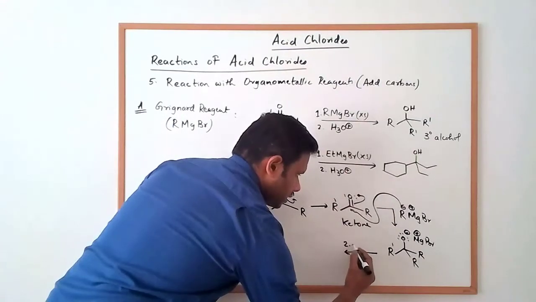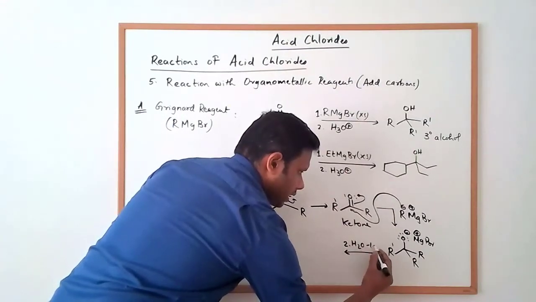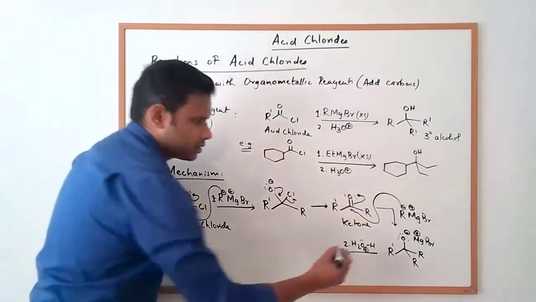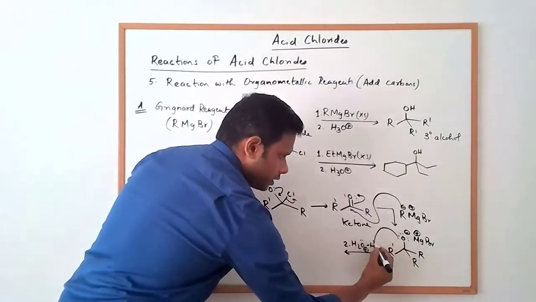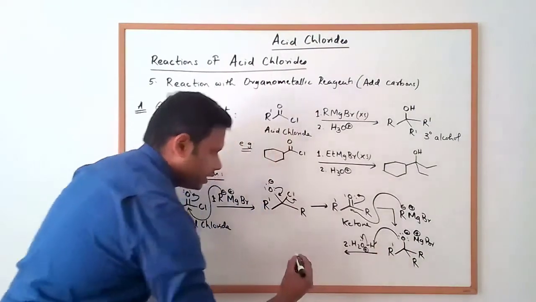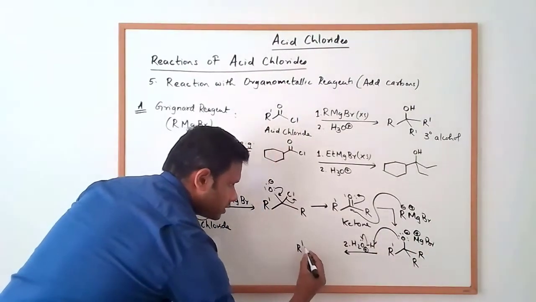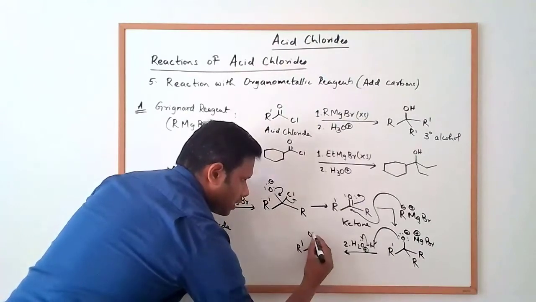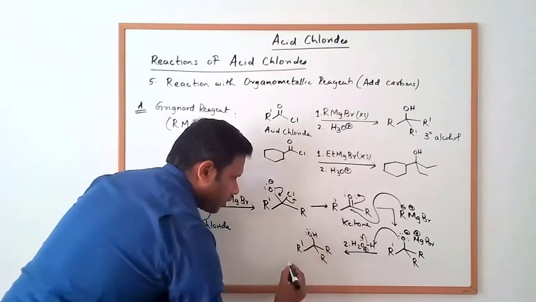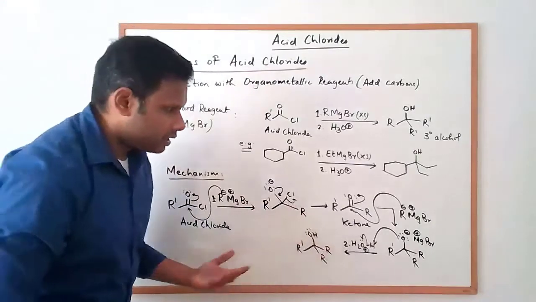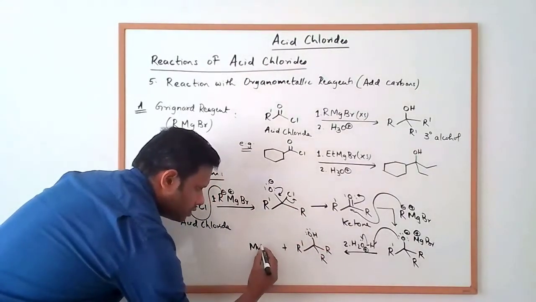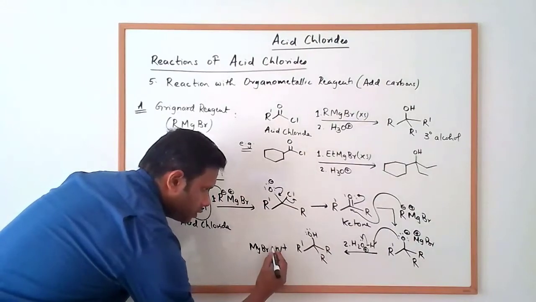And in the second step, when we do the acid workup, or when we quench this reaction, then the alkoxide gets protonated to give us a tertiary alcohol plus the magnesium species, which most likely is MgBr with a hydroxyl to it.